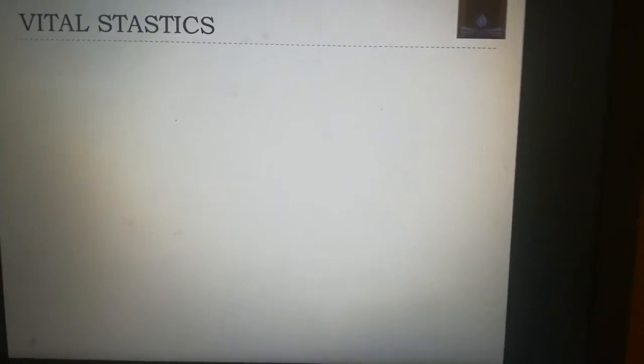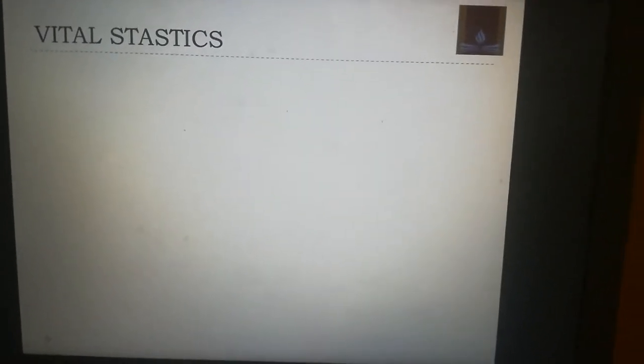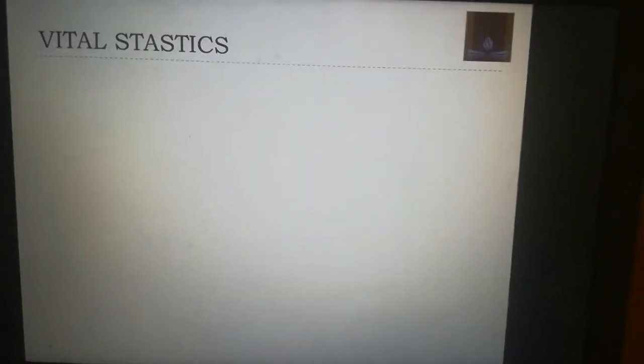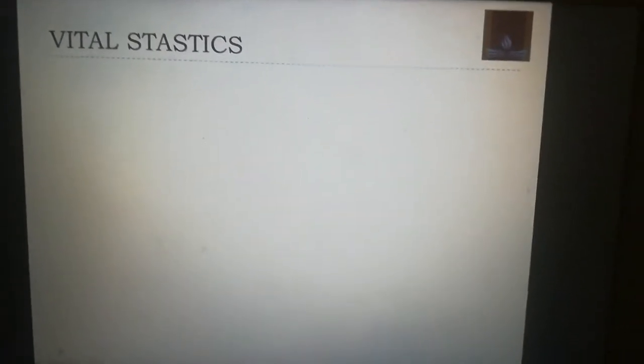So before going to that, let's recall certain familiar concepts related to descriptive statistics. The first one is vital statistics. What do you mean by vital statistics?